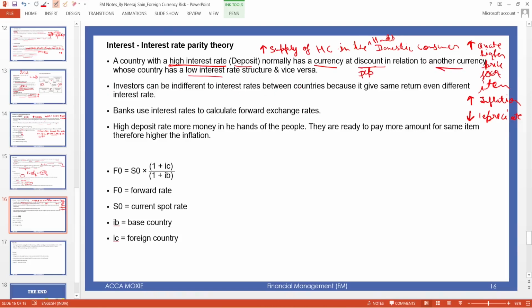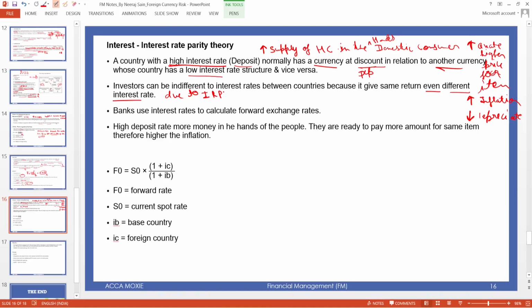An investor can be indifferent between currencies, as they can give the same return, even if different, due to interest rate parity. It says that because of different interest rates between different countries, it does not mean that you can gain from the different interest rate, because the inflation will be higher in that country, so the real actual return will be adjusted.